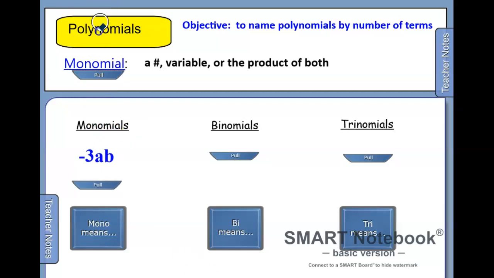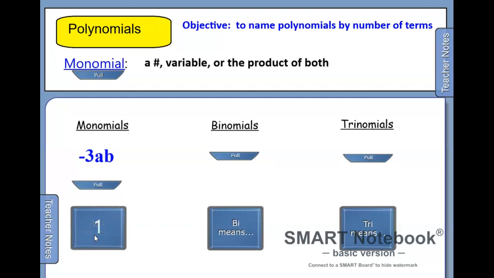Even though there's a lot of letters and there's a couple numbers in there, it doesn't matter because it is joined by multiplication. It's a -3 times A times B. So this is considered a monomial. Mono means one. So it has one term.